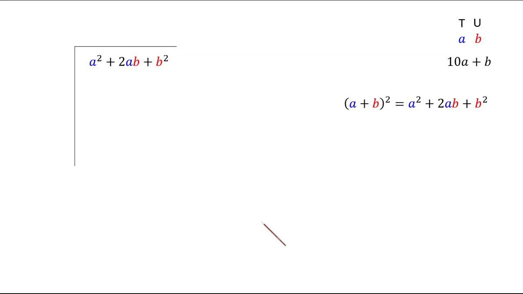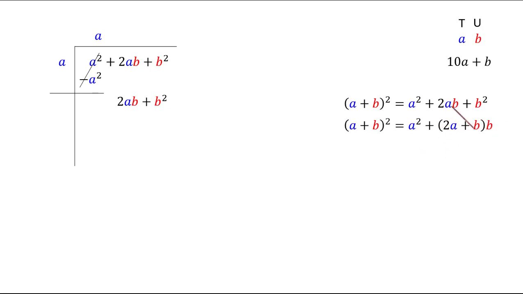So we write this a squared plus 2ab plus b squared as if we are writing it in the division method. So we first start with a. We know a is a squared. We take the difference, we get a 0. Now we bring the 2ab plus b squared down. Now this 2ab plus b squared has b common. So we take the b out.